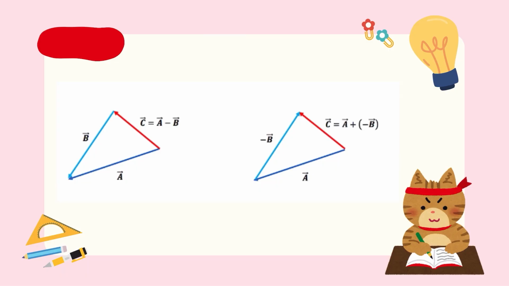So the magnitude of b is equal to the magnitude of negative b. And let's see, c is equal to a minus b, which equals a plus negative b. So we can simply switch the direction of vector b to the opposite direction.